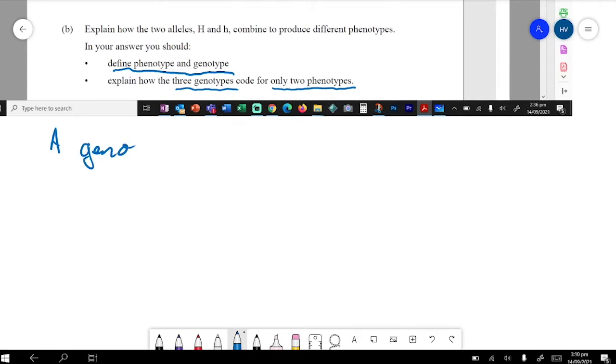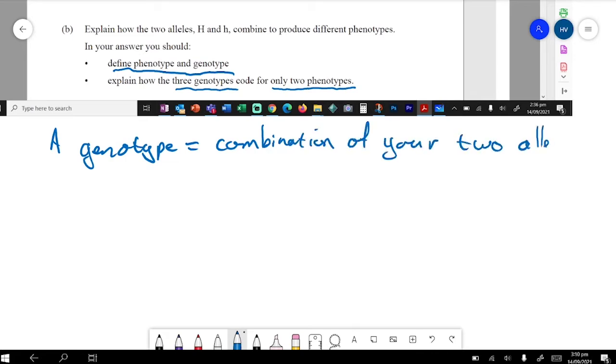a genotype is a combination of the two alleles that codes for your phenotype.